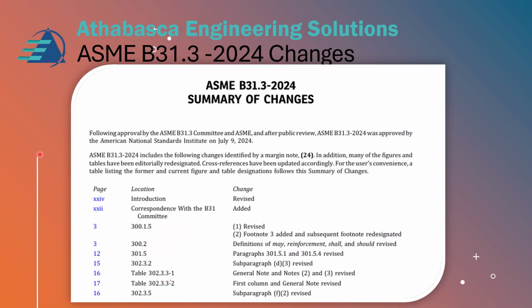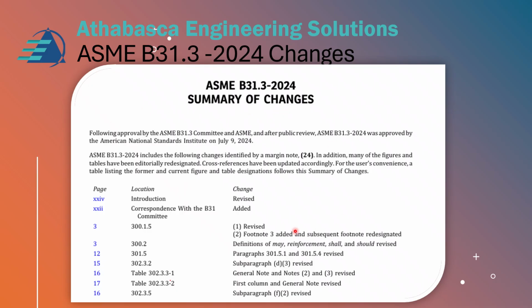Before I jump into this, you should note that every time ASME codes publish a new edition, they always create a summary of changes, and sometimes they will also publish a red line, and they will add a lot more commentary and information about the changes so you can see it line by line.